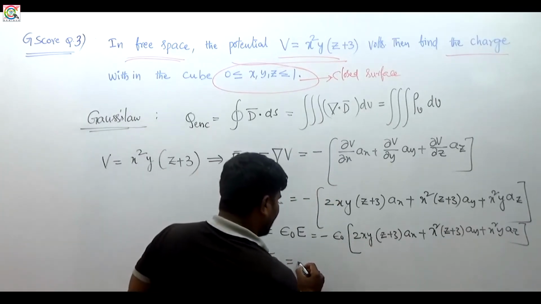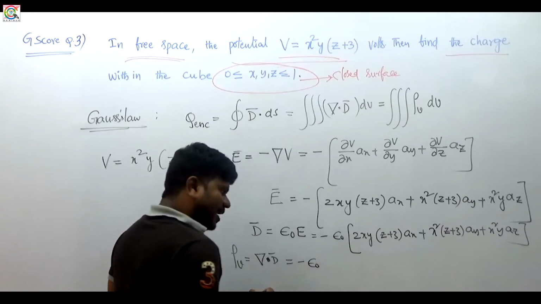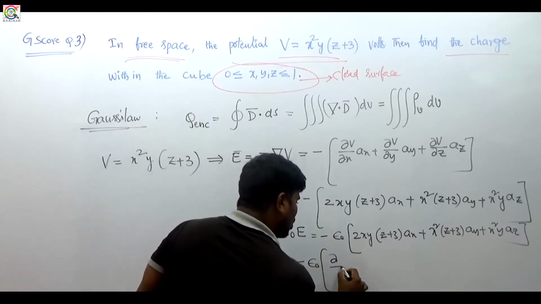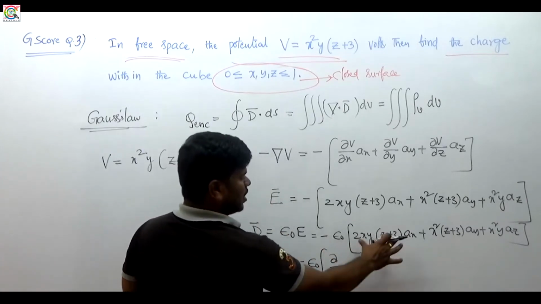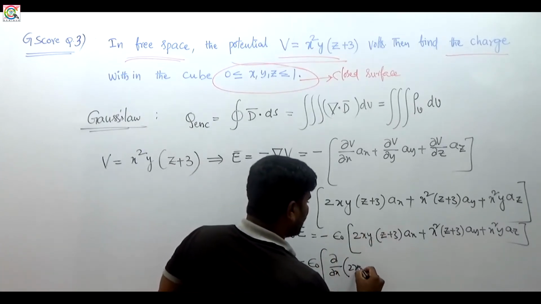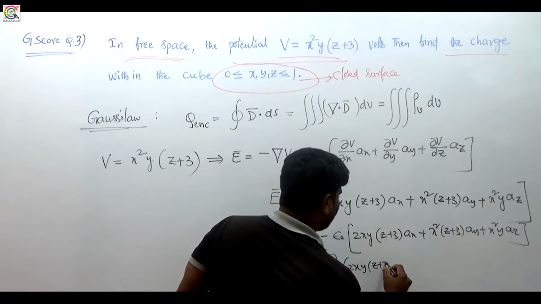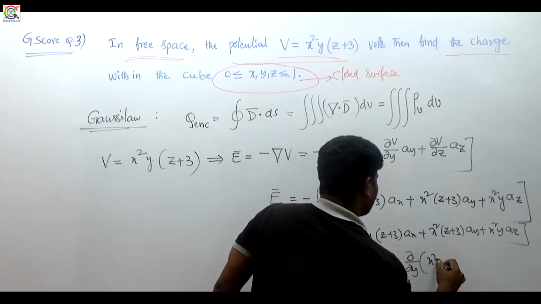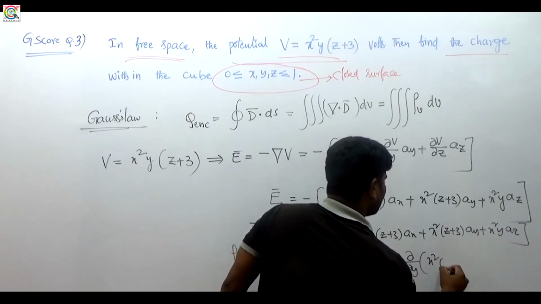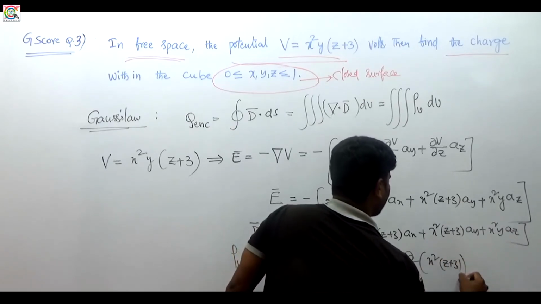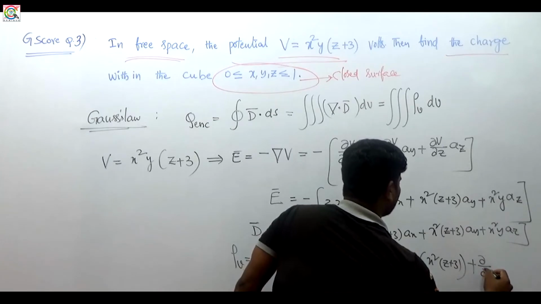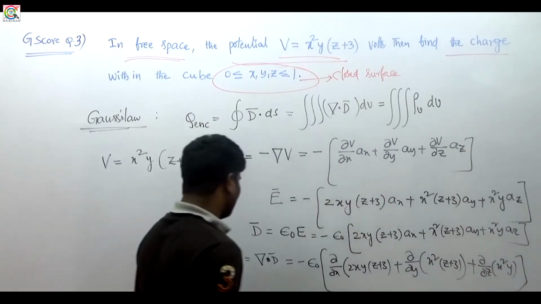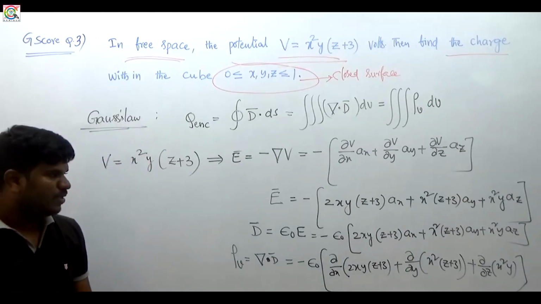If I take the minus epsilon naught outside, since it is a constant, it will be dou by dou x of 2xy(z plus 3), plus dou by dou y of x square into (z plus 3), plus dou by dou z of x square y. So this is rho v, right?